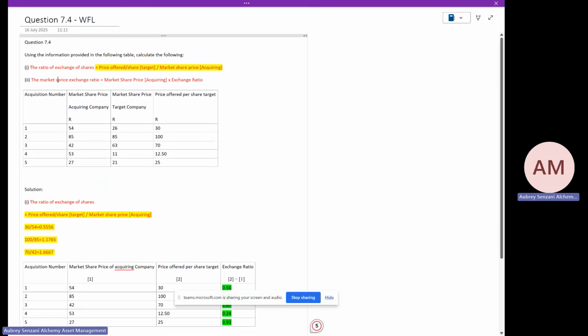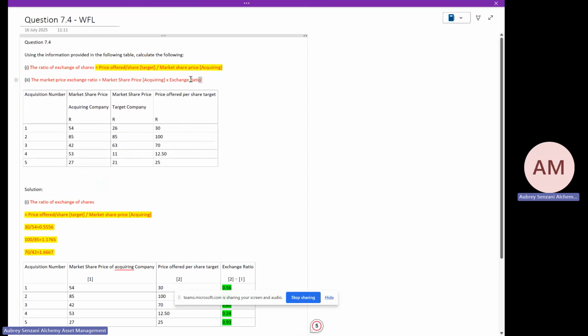It's the same thing. We're talking about the market price exchange ratio of the acquiring company. How much of our shares are we offering in relation to the number of shares of the targeted company? And this is what we were playing around with in question 7.3.